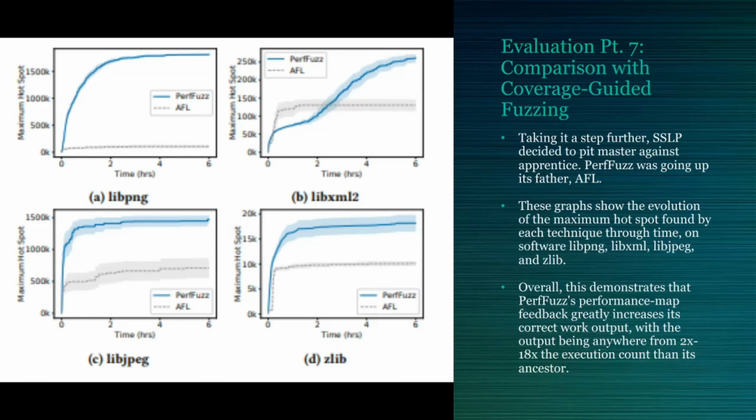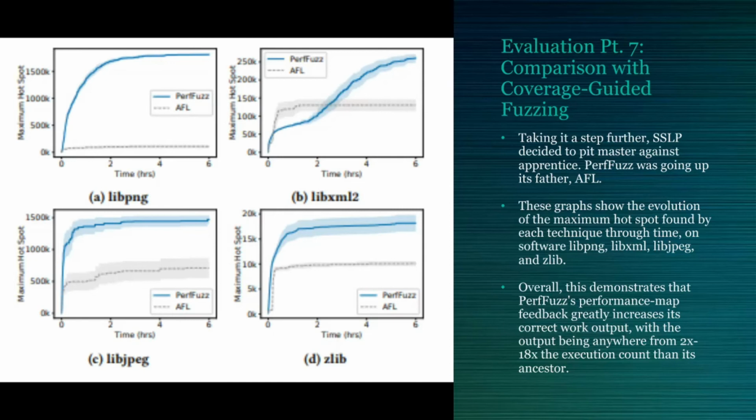For PNG, JPEG, and zlib, we can see that PerfFuzz rapidly finds the hotspot with the highest execution count. For XML, AFL does beat PerfFuzz to a higher hotspot first, but then it quickly plateaus, as it does with the other tests as well, as you can see.